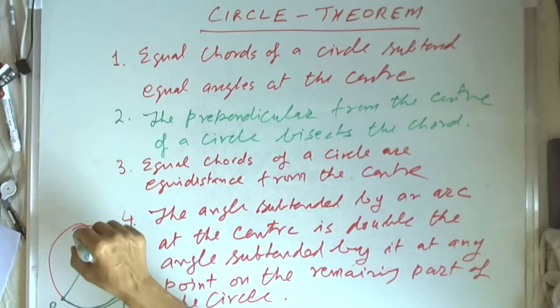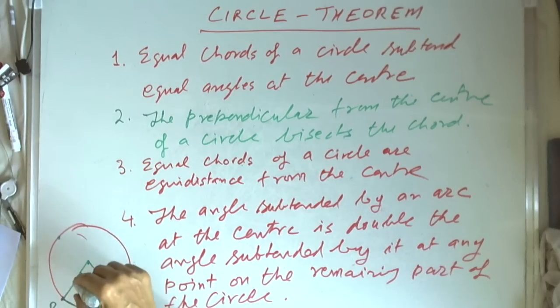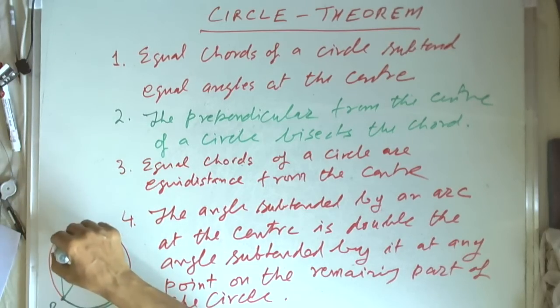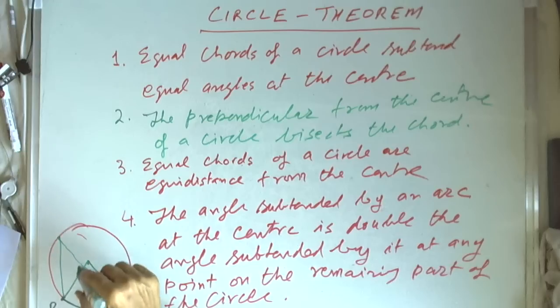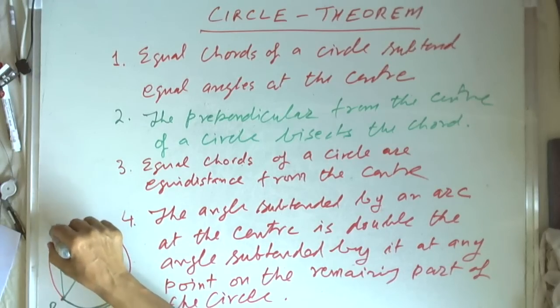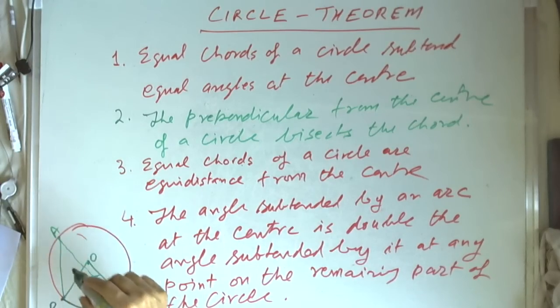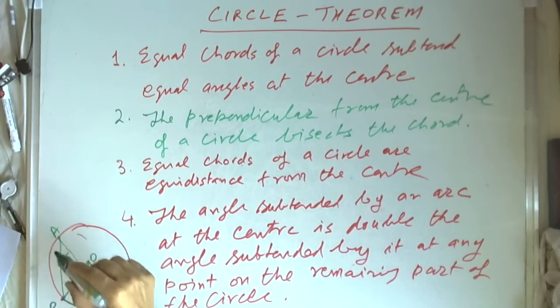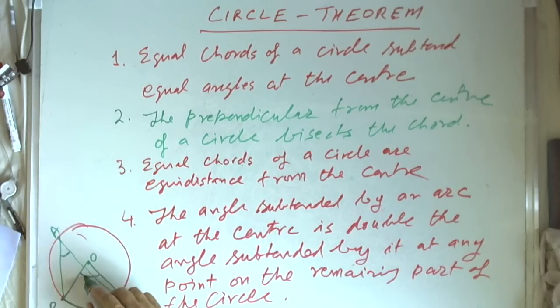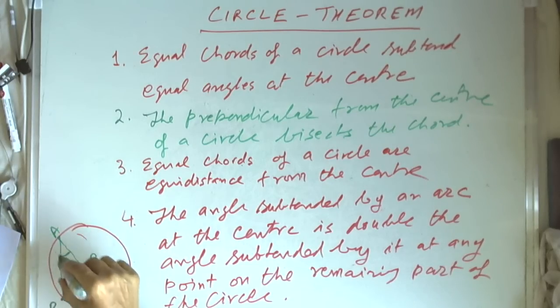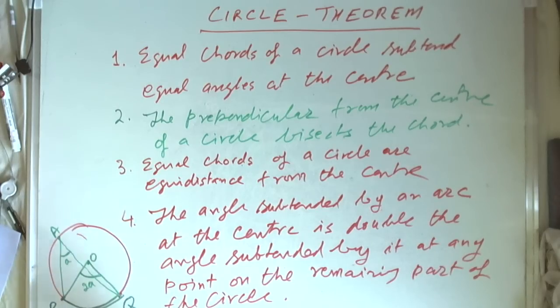And then on the remaining part, like this here, it is subtending an angle at point A. Then what we are saying is that this angle is double of this angle. So if this angle is A, then this angle is 2A.